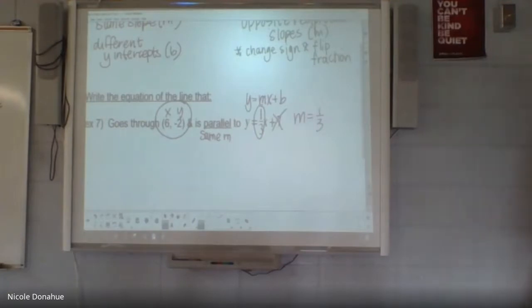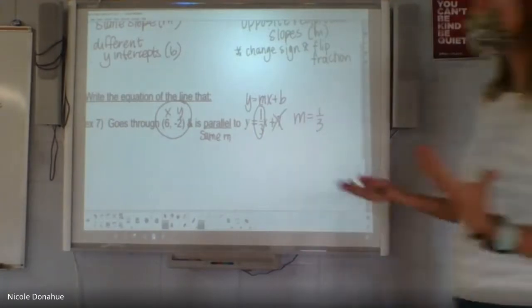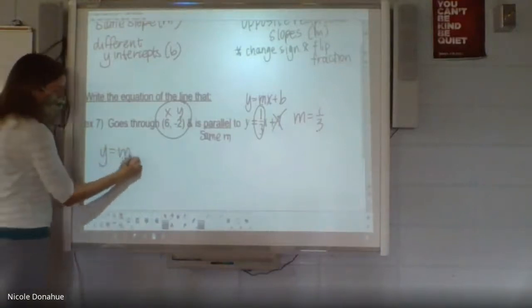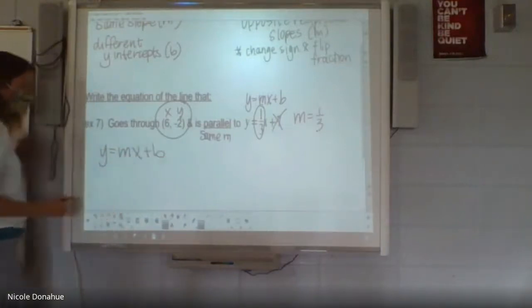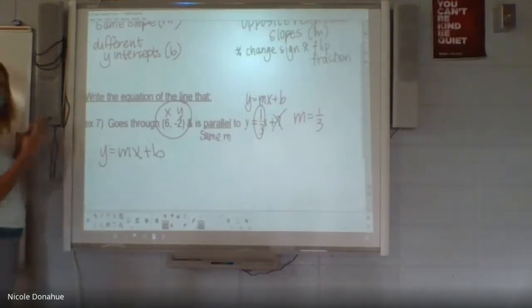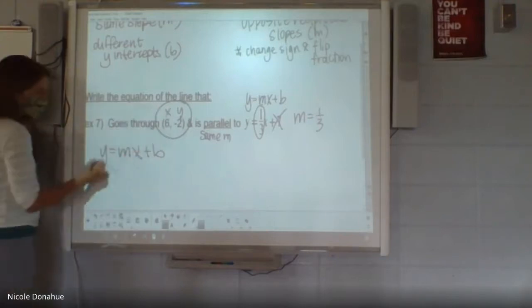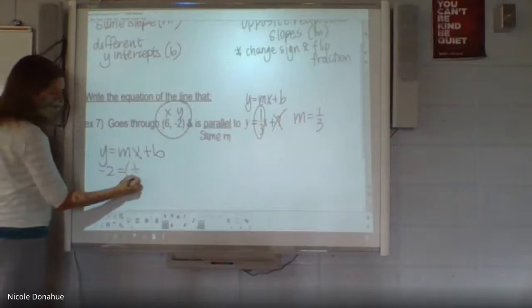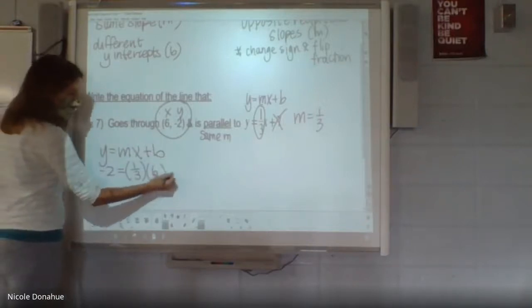If we have those three pieces of information, we can find a new b. So I can put x, y, and m into y = mx + b to find b. So y is -2, m is 1/3, x is 6.